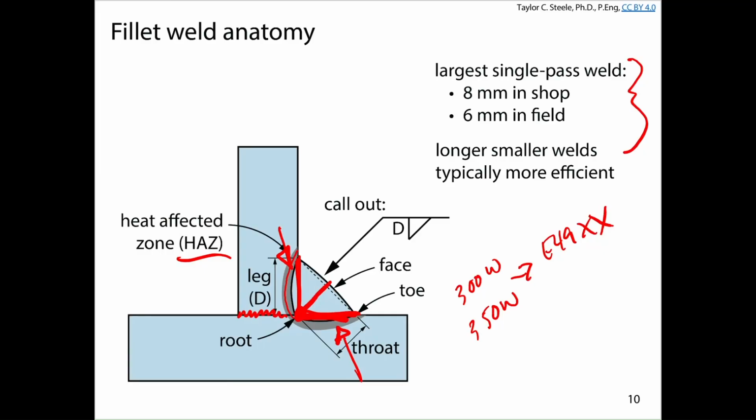In the field, be very careful: you're not actually allowed to generate a weld bigger than that, because of field conditions, the position, and environmental considerations. It's generally more difficult to control the quality of those welds, so we're not allowed to make D bigger than 6 in a single pass. If you want to make D 8 or 10 or 12 in the field, you're going to have to build up weld metal using several passes, and I'll show you what that looks like in a minute.